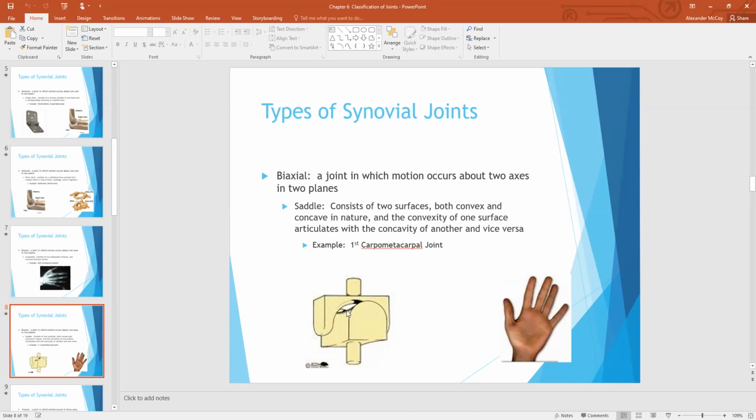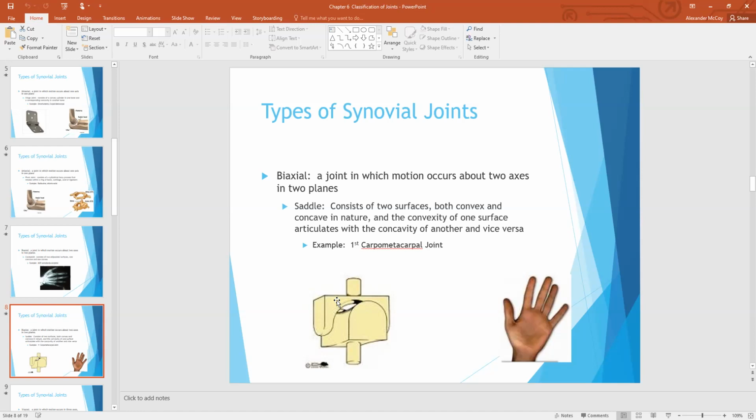So if your mind is kind of like, wait, what? Think about this structure right here. Pretend like this is a saddle that's on a horse. You have your horse right here, and you have your saddle right here. You have a concavity on the horse as well as a convexity. Same way with the saddle, it's going to have a concavity and a convexity. Do we see that?